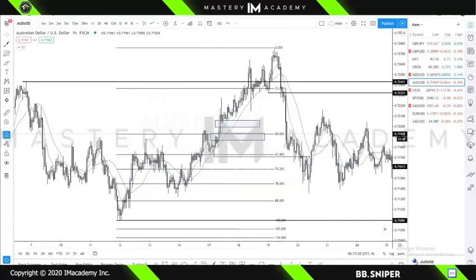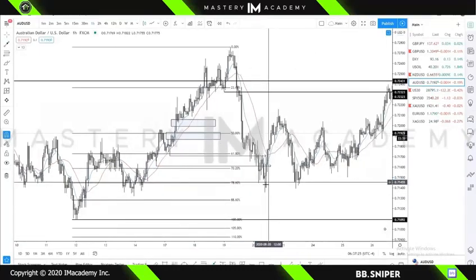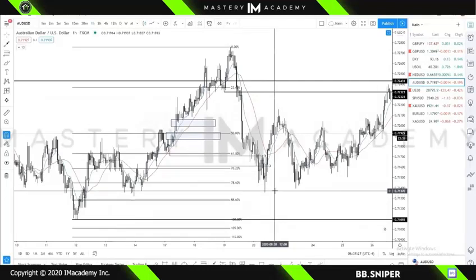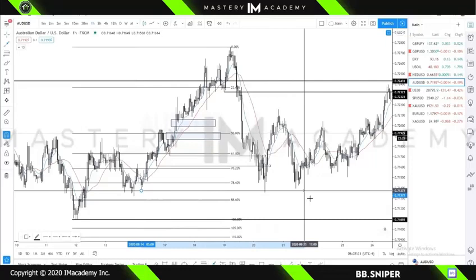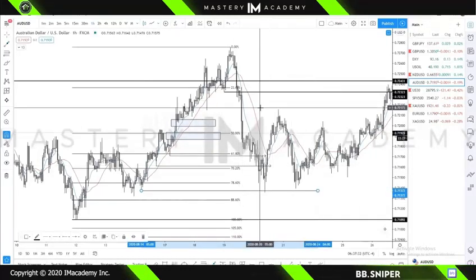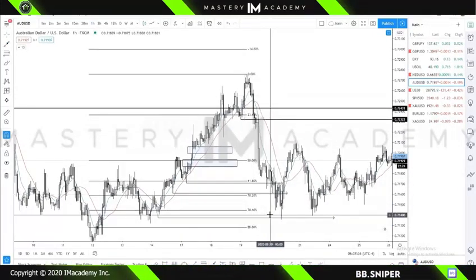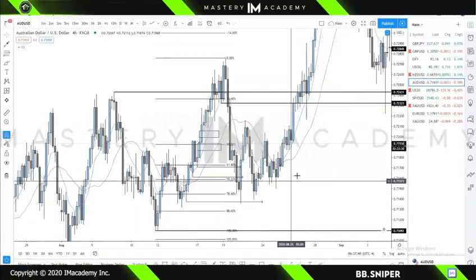This internal liquidity is captured in the form of this old low, and then lastly in the form of this old low. It literally wiped out all the buyers on that move up for the most part.